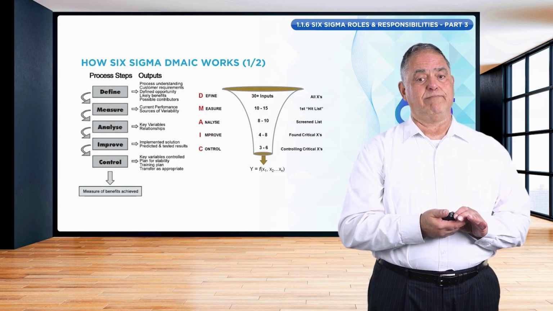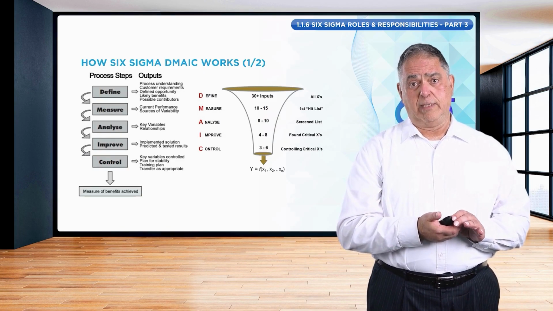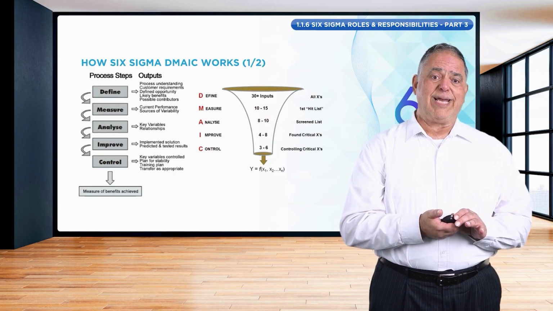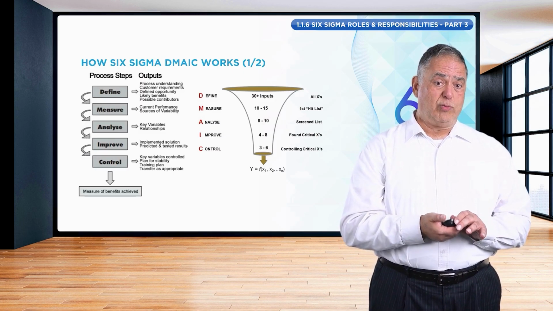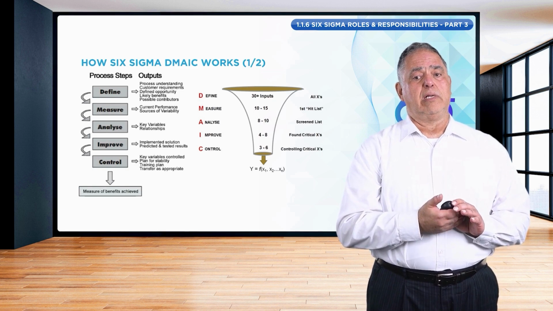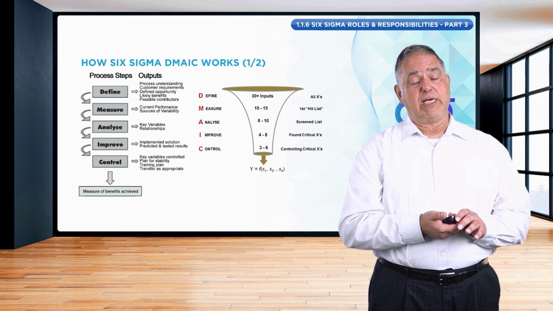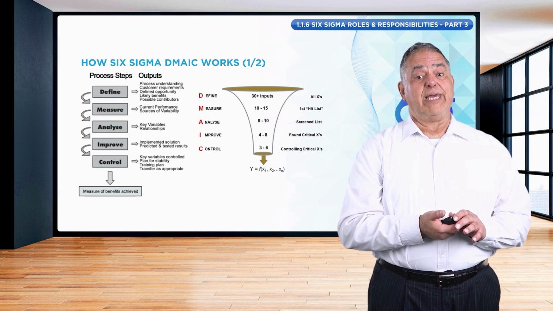Now, these are important figures because they explain in slightly different ways how the Six Sigma DMAIC methodology really works. So we have one figure that is associated with inputs.